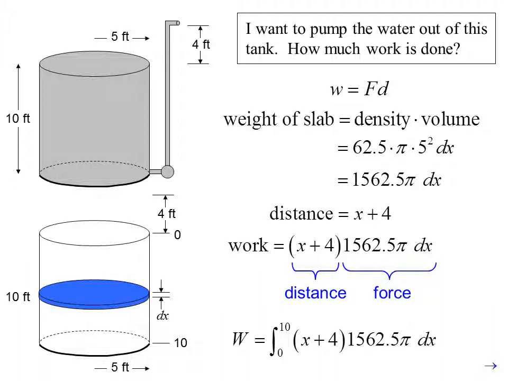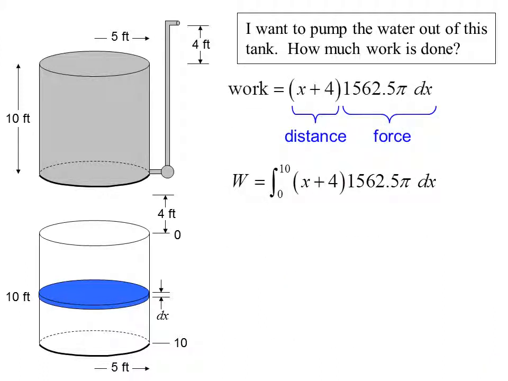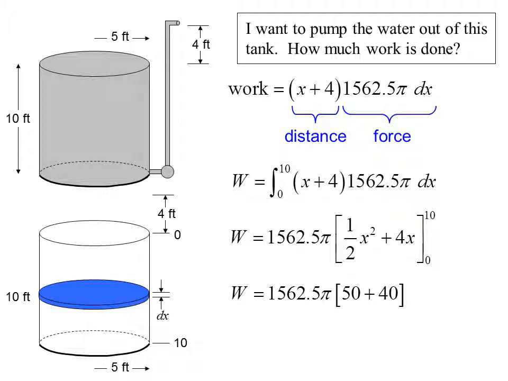Our integral then becomes the integral from 0 to 10 of (x plus 4) times 1562.5 pi dx. We can move the constant out front and then find the antiderivative. Plug in the 10.